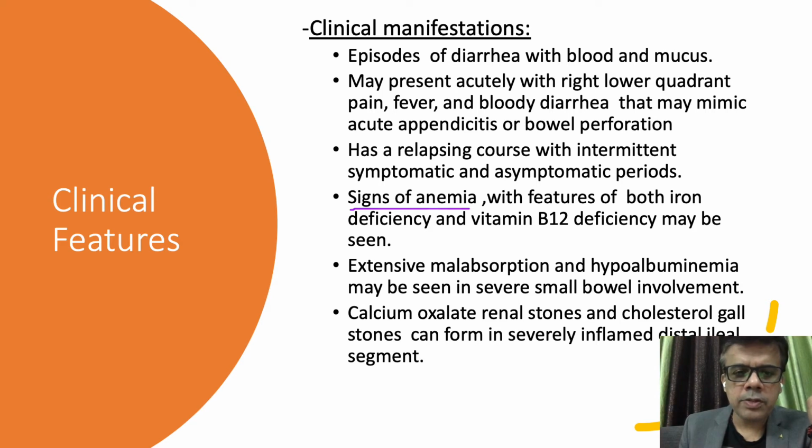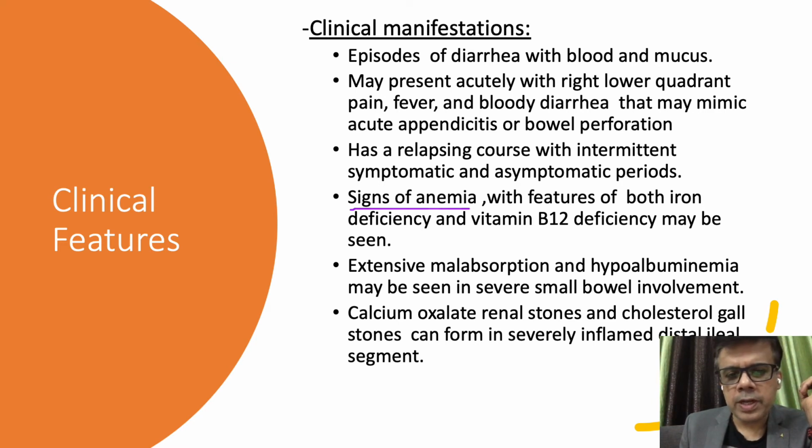Iron deficiency anemia occurs due to constant bleeding. Extensive malabsorption and hypoalbuminemia can occur when there is extensive small bowel involvement, leading to defective absorption of most of the nutrients.